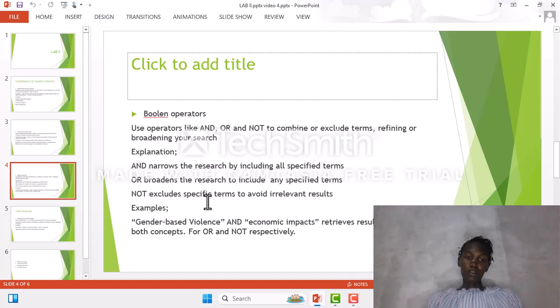For example, gender-based violence AND economic impacts retrieves results containing both concepts, for AND, OR and NOT, respectively. Hope we are at par.